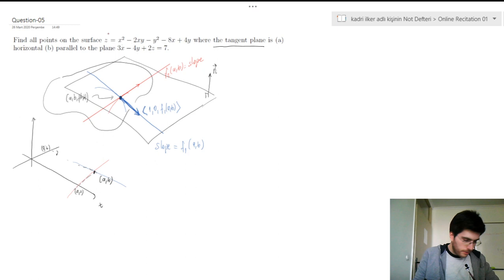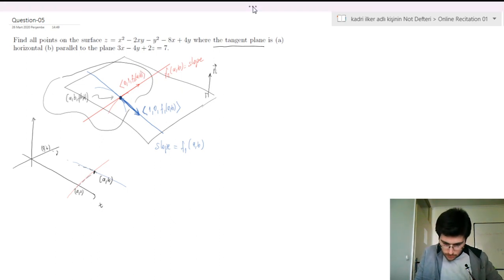If you differentiate the other one, this vector is exactly (0, 1, f2(a, b)). Let's call these v1 and v2.